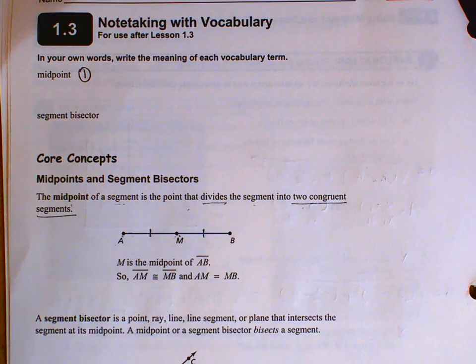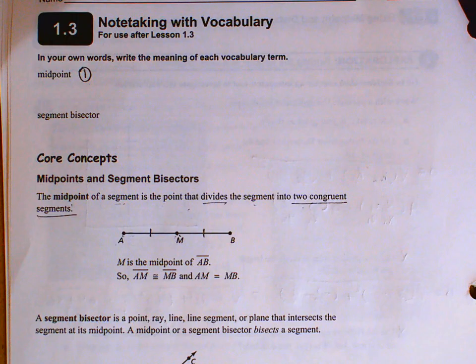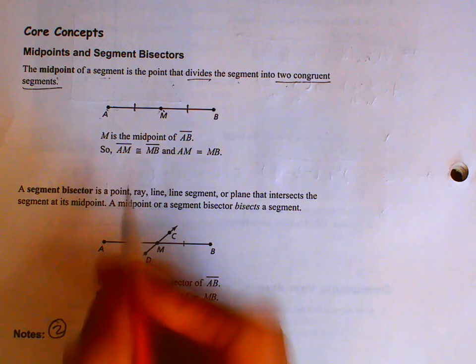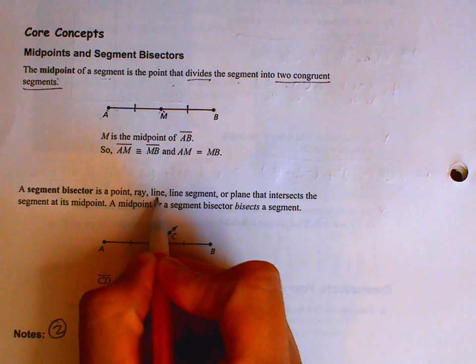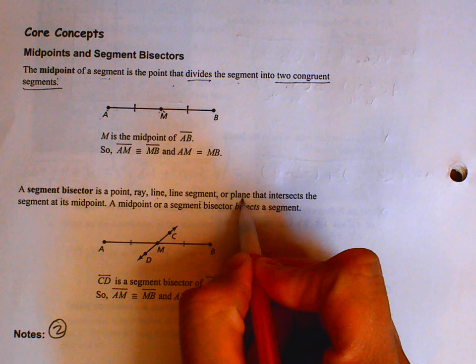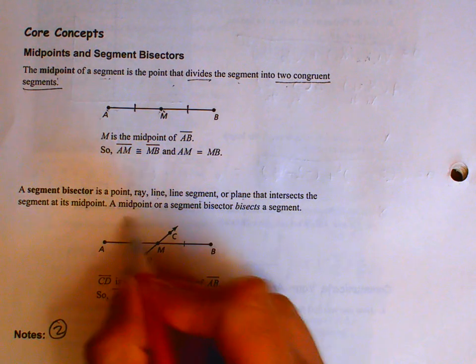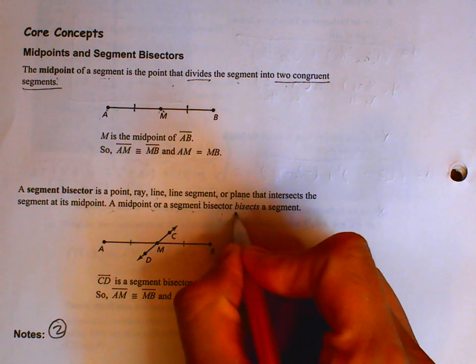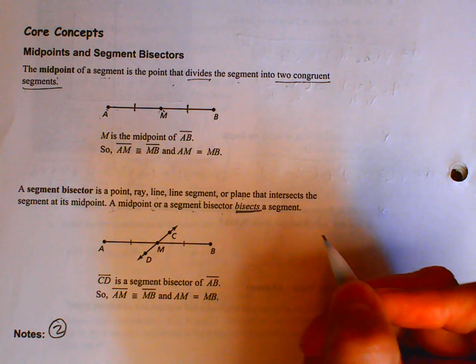Now, a point is not the only thing that can cut a segment in half. Besides a point, you can have a ray, a line segment, even a plane intersect a segment at a midpoint. A segment bisector bisects a segment.